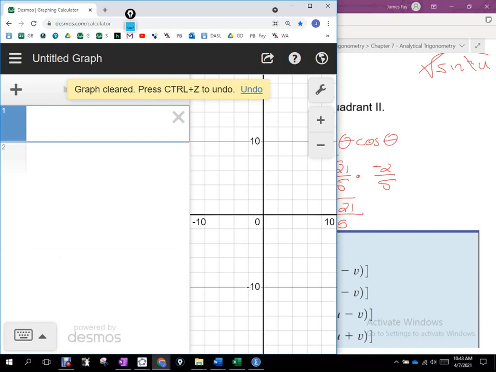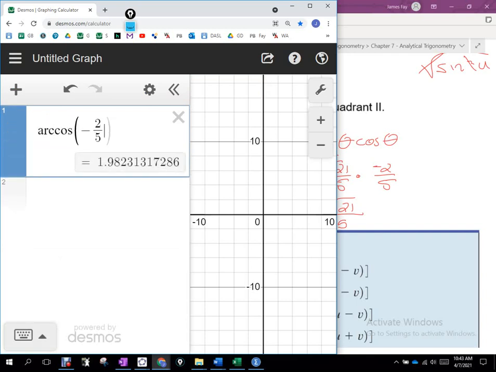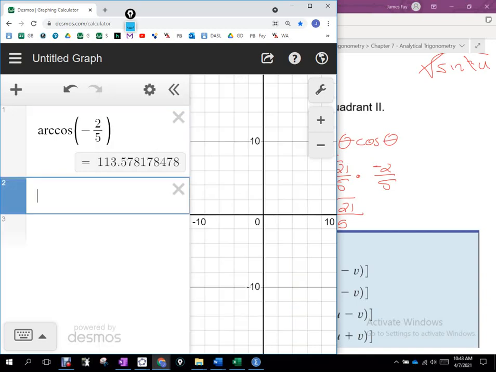So if they say cosine of theta equals negative 2/5, that means if I take the inverse cosine of negative 2/5, that should be my theta. Now that's in radians, so let's put it in degrees. I get that. And that's what we anticipated, right? They said it had to be a second quadrant angle. Okay? And we also now are seeing that 113, is that less than the 135 that we anticipated? Okay.